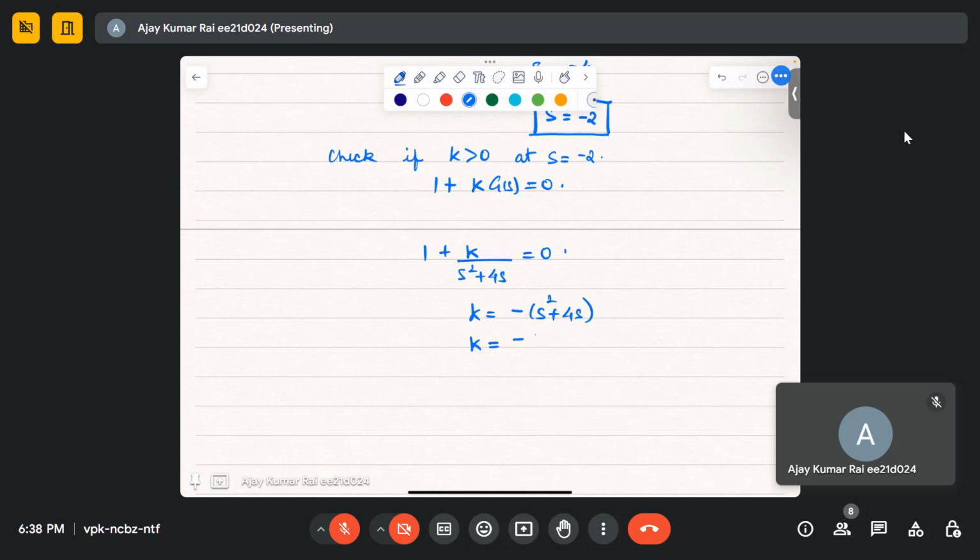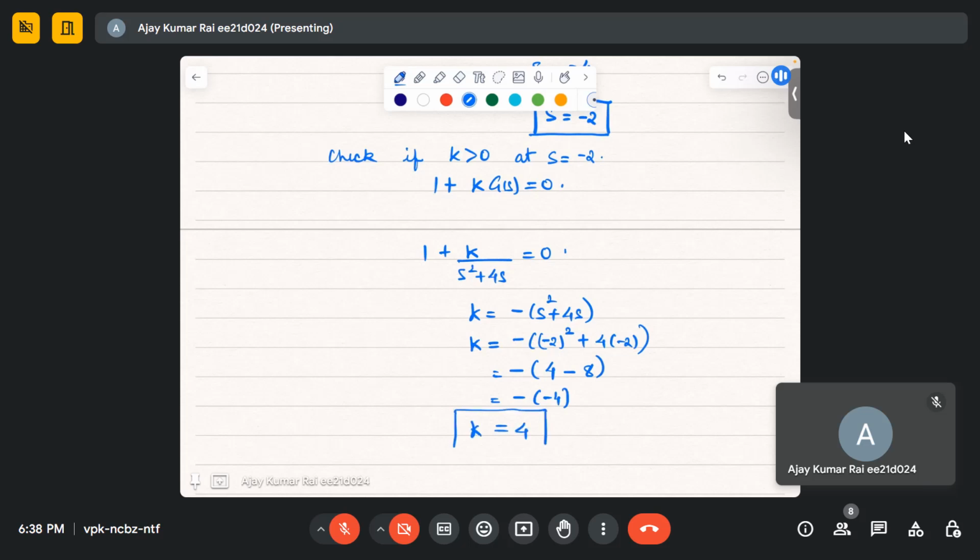If you put s equal to minus 2 here, what you'll get: 2 squared is 4, minus 4 into 2 is 8, so this is minus 4, and with the negative sign you're getting k as 4.